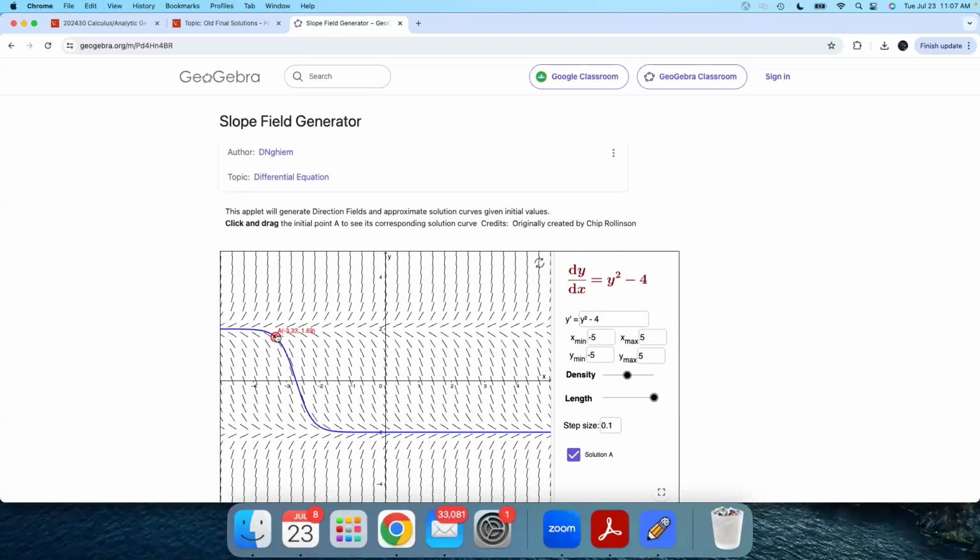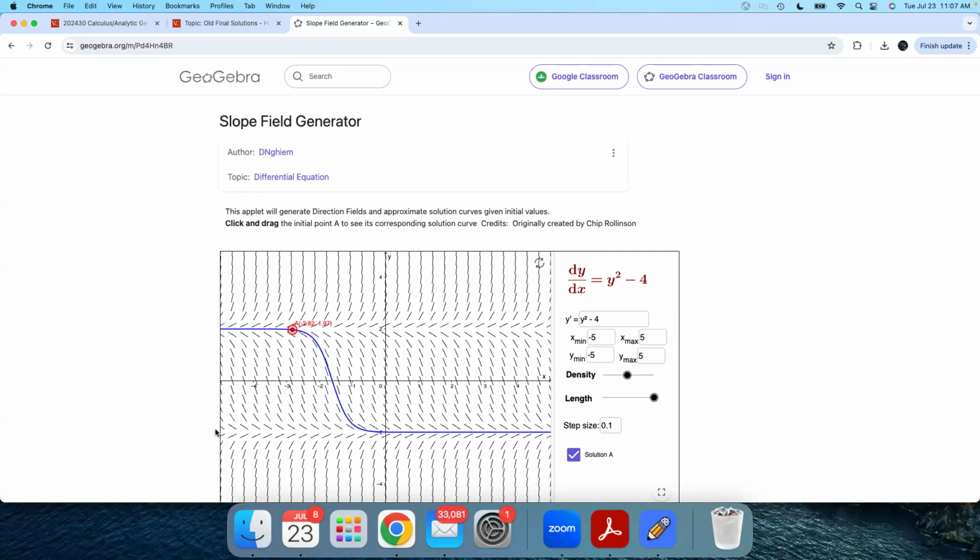But if I'm close to this one, if that were my initial value right there when x is negative 2.82, y is 1.97, I'm running away from y equals positive 2. This curve is being repelled by this guy.